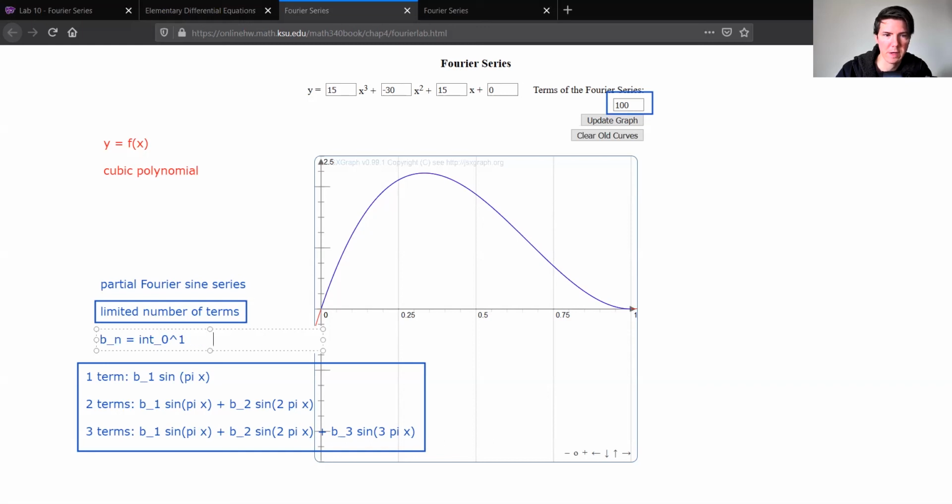Actually, I'm going to leave a space for f of x just to highlight the fact that that's going to be in red. And then multiplied by sine n pi x dx. So it looks like this. And now let me add a part in red. Yeah, there we go. That works out well.